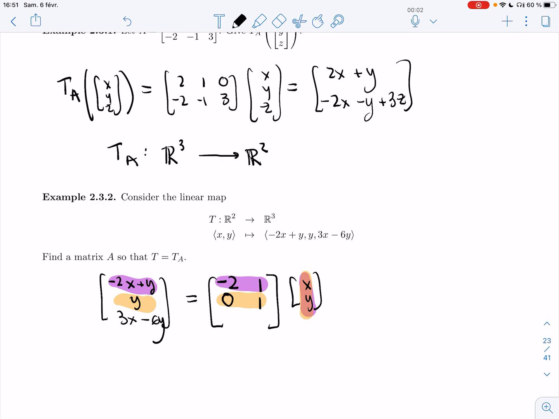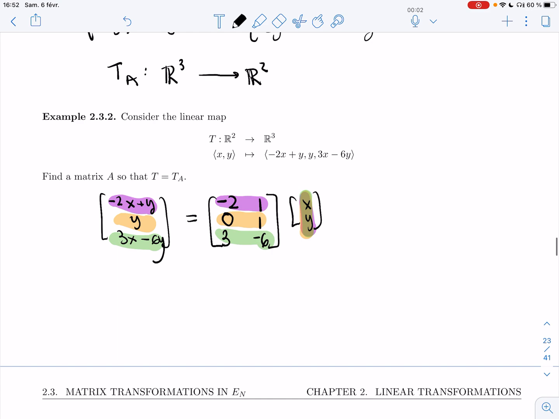Oh, sorry, there's a y missing here. And finally, for the bottom row, I want 3x minus 6y, so 3x minus 6y. Right, so my matrix A will be [-2, 1; 0, 1; 3, -6].